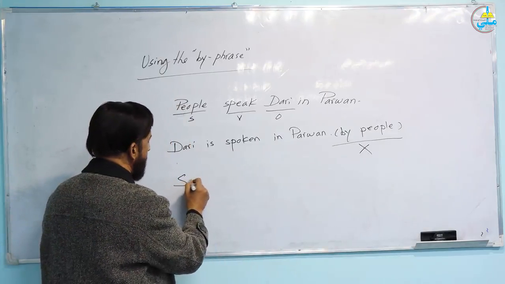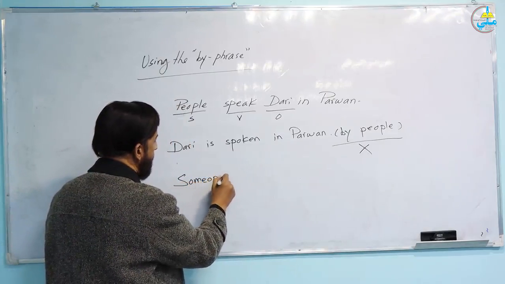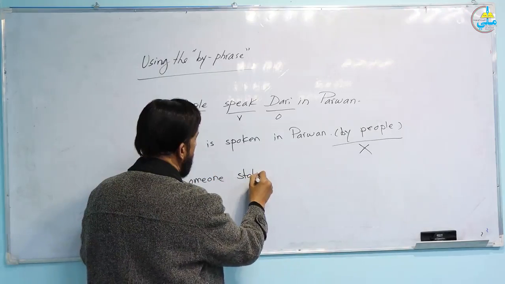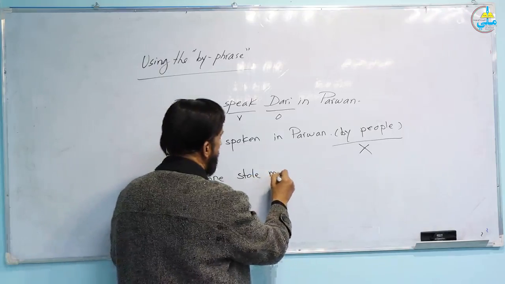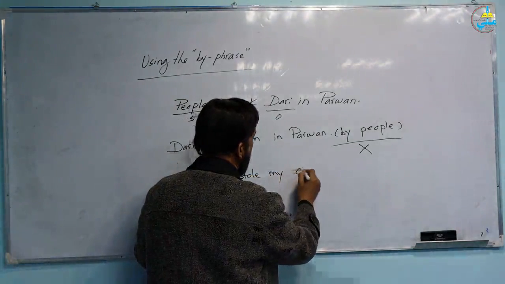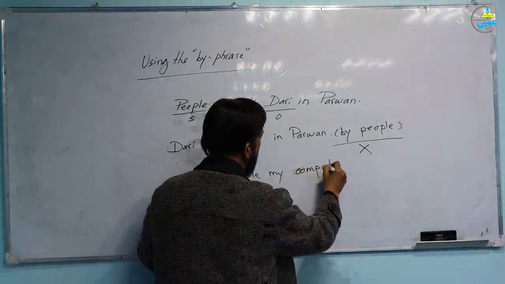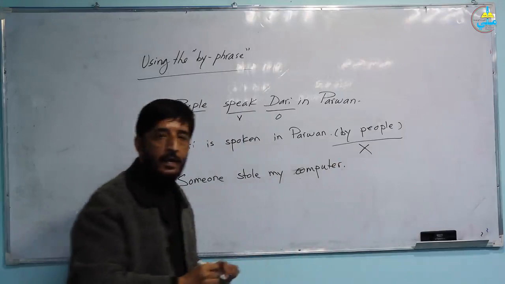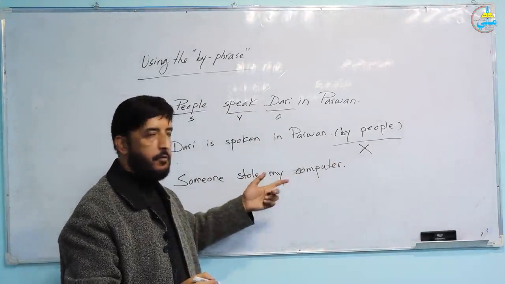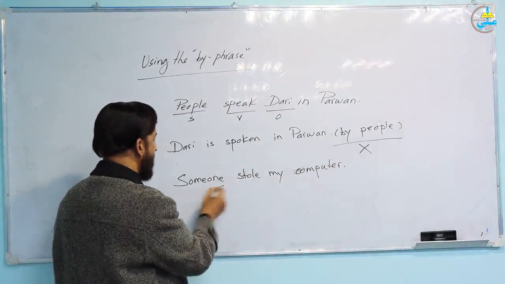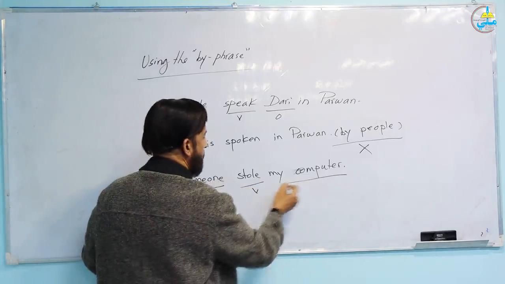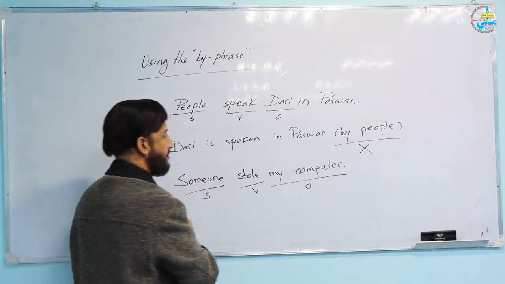Another example: someone stole my computer. Someone stole my computer. Someone is subject. Stole is verb. My computer is object.